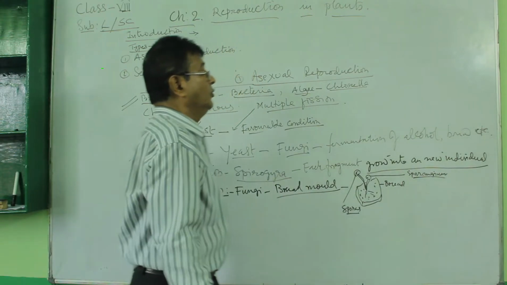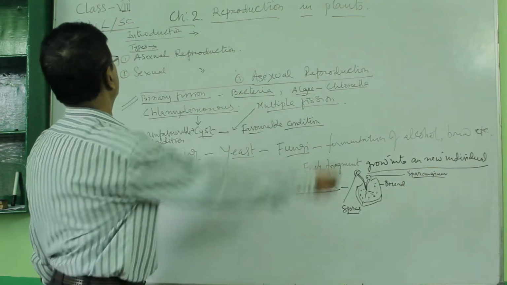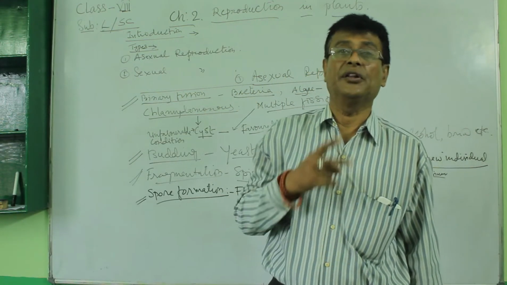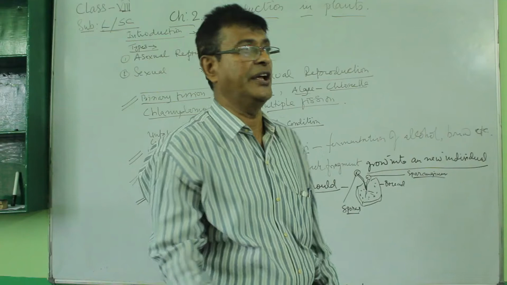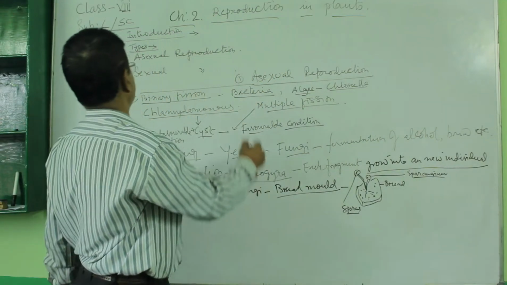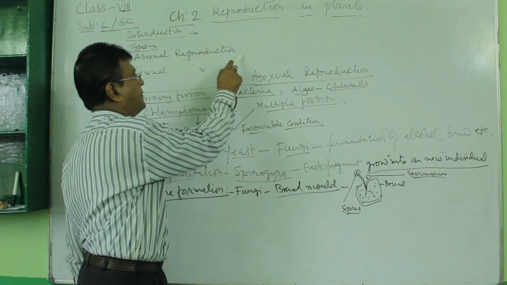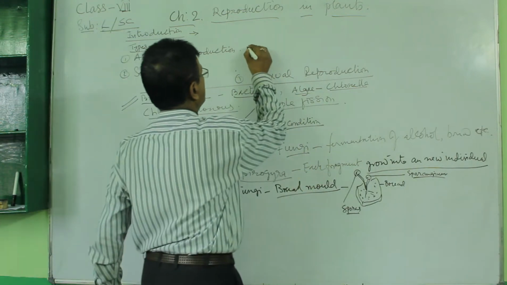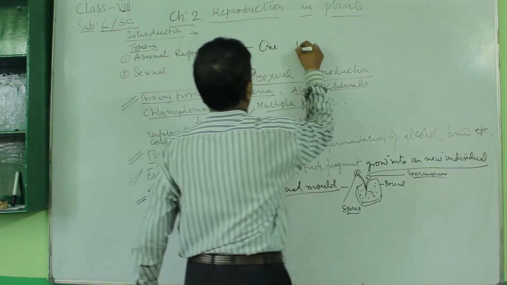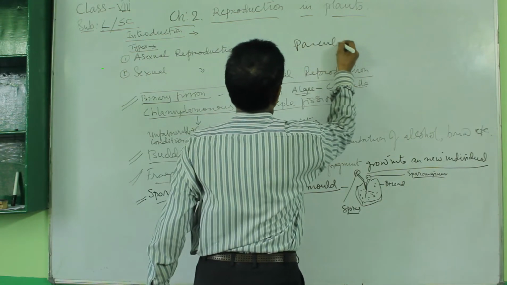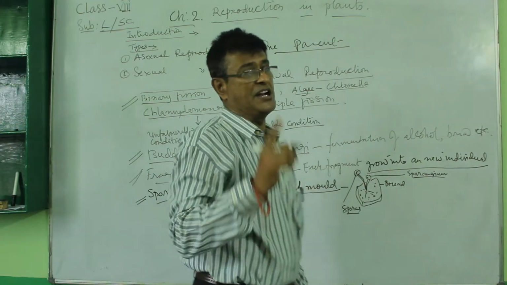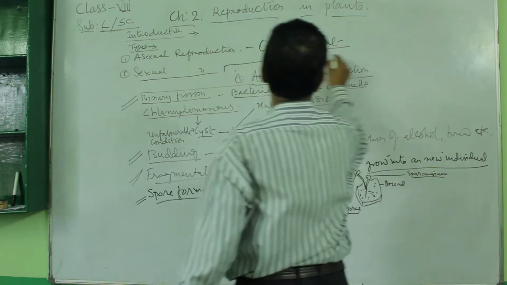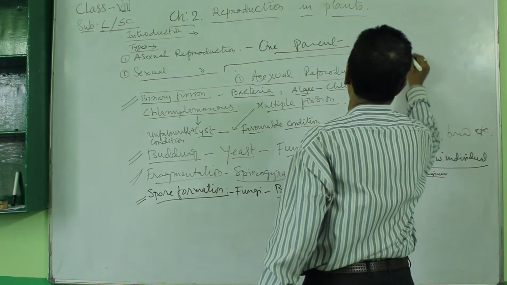In plants, there are two types of reproduction. These are known as asexual reproduction, in which only one parent is involved, and sexual reproduction, in which two parents are involved.